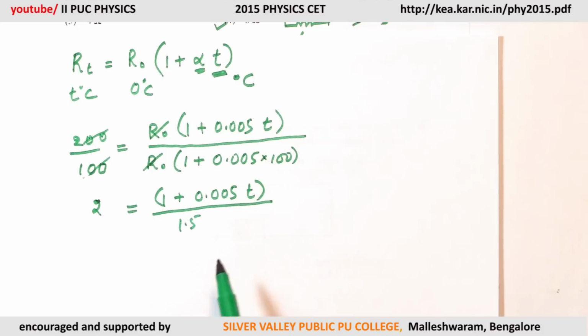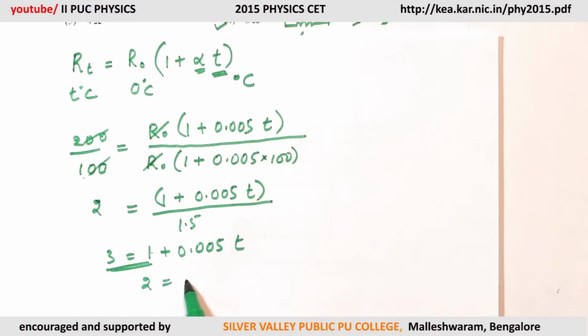1.5. 2 into 1.5 is 3 equal to 1 plus 0.005 T. This is 2 equal to 0.005 times T, or T equal to 400.